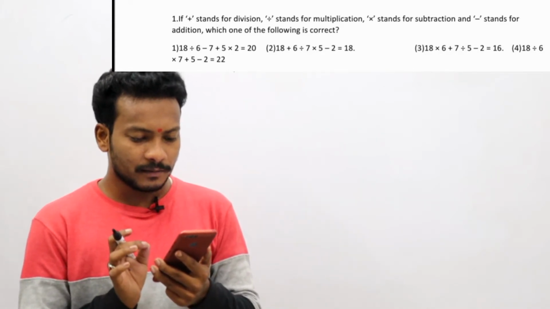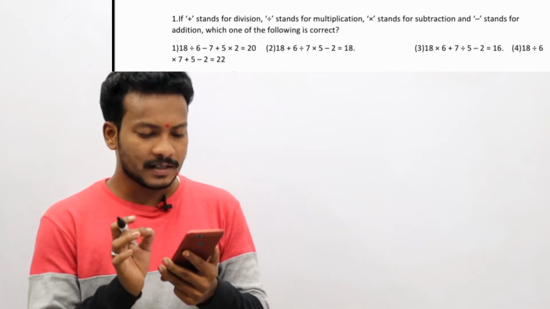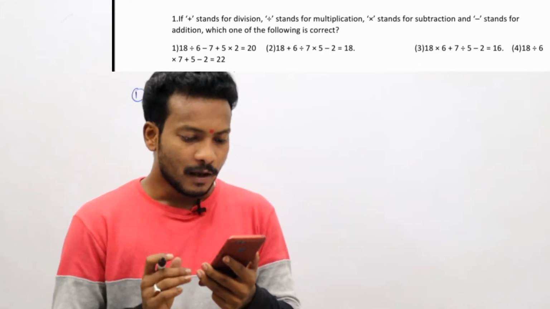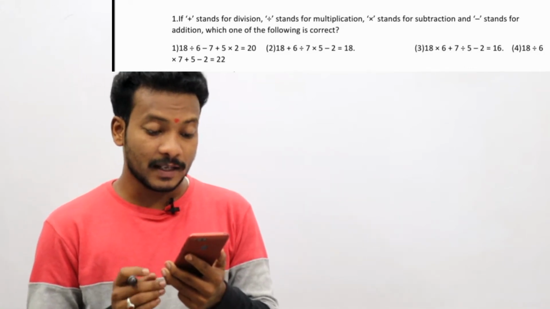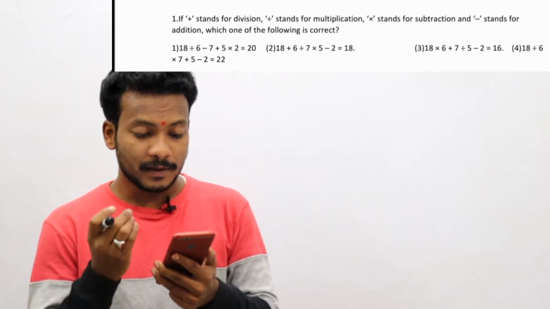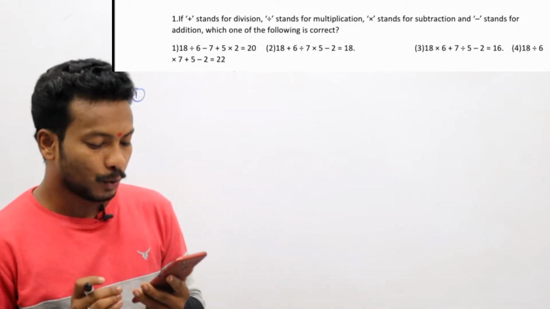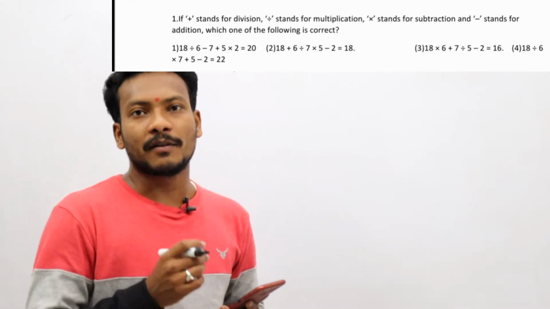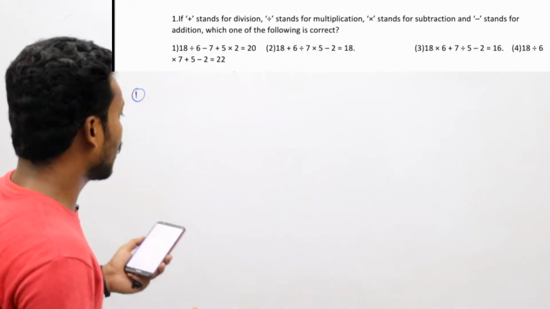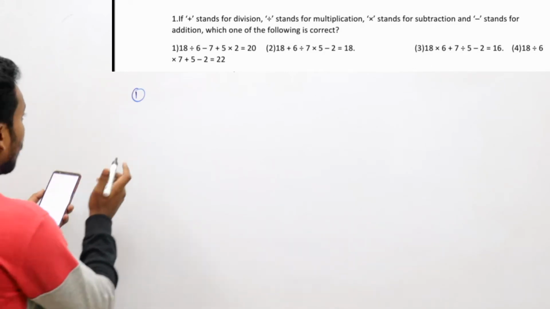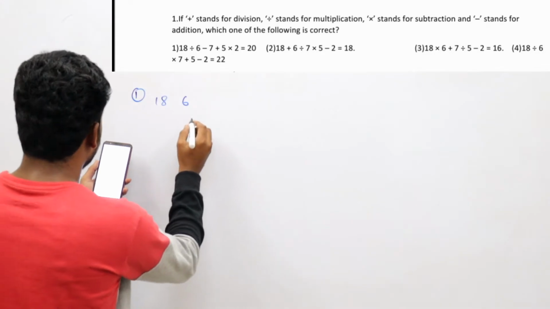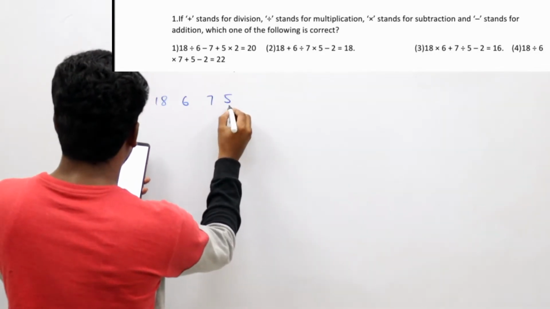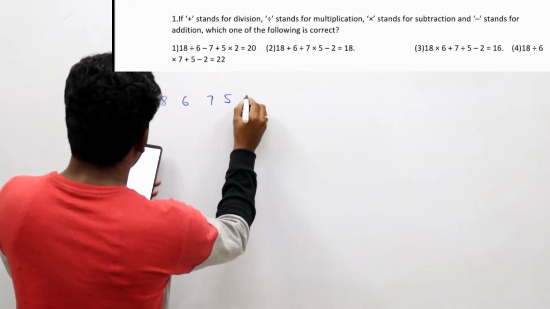Division stands for multiply. Okay, it is possible. What about the second one? The second one is also the same. Division must be into. By following these, we can find that one of the options is correct. First of all we have to verify all of them. 18, 6, 7, 5, 2.